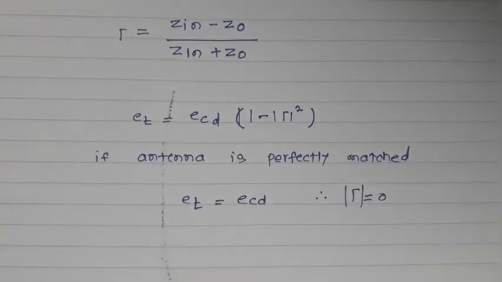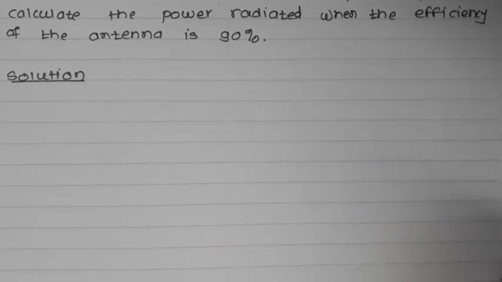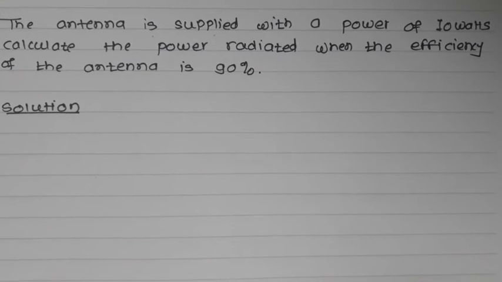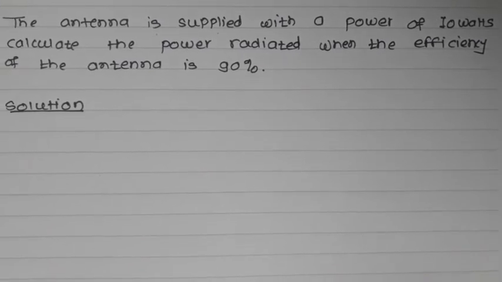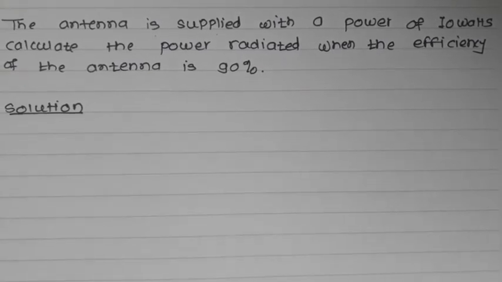Okay, now let us solve one of the problems based on this. The antenna is supplied with the power of say 10 watts. Calculate the power radiated when the efficiency of the antenna is 90%.